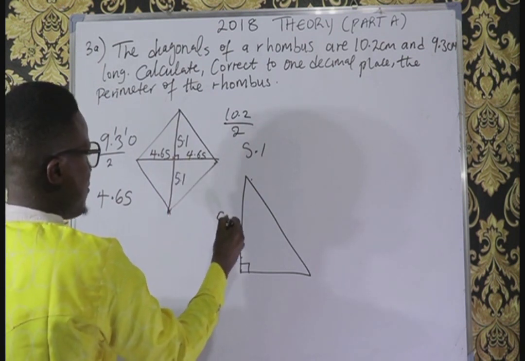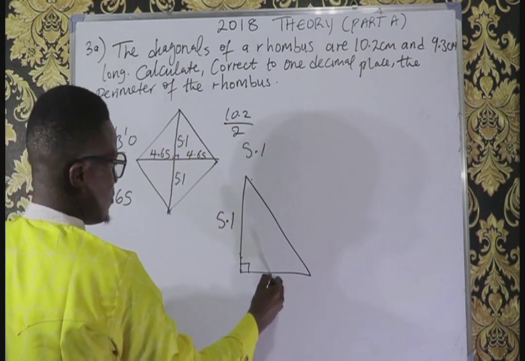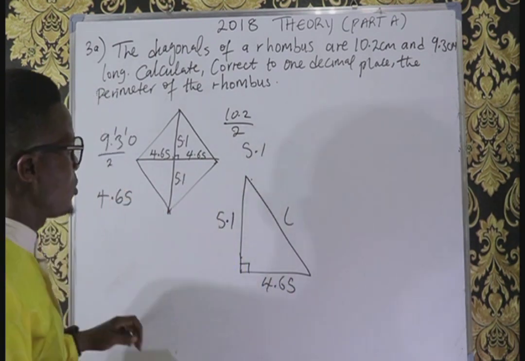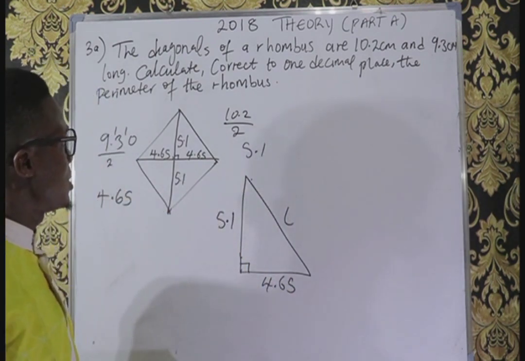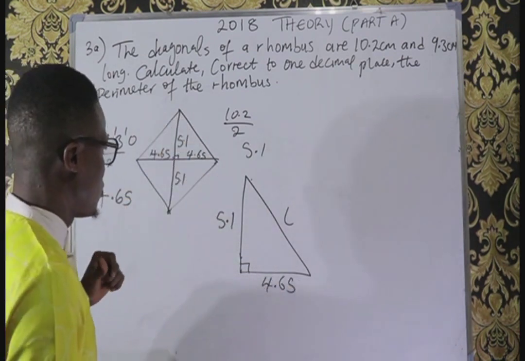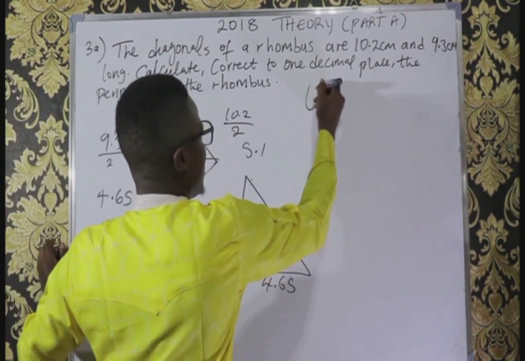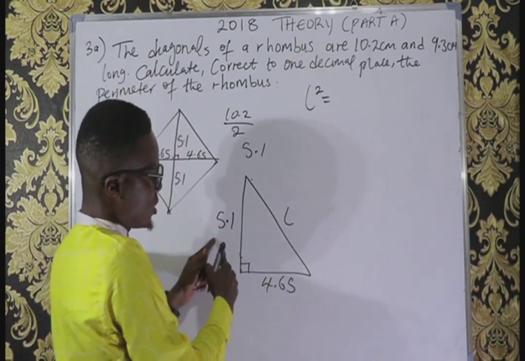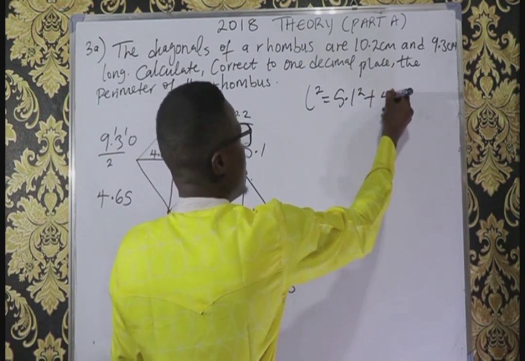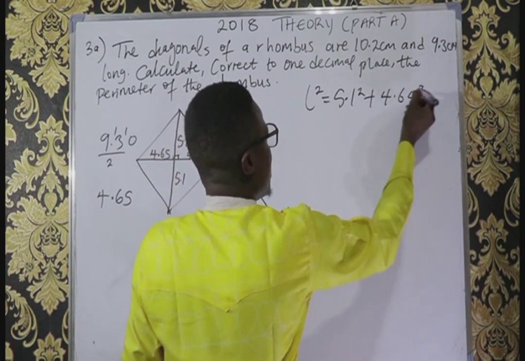So here is now 5.1 cm, while here is now 4.65 cm. To get the length of the side, I will apply Pythagoras Theorem, which tells us that the square of the hypotenuse is the sum of the squares of these sides: 5.1 squared plus 4.65 squared.